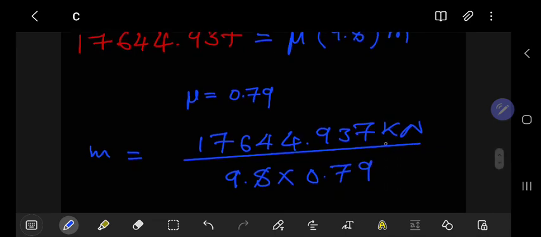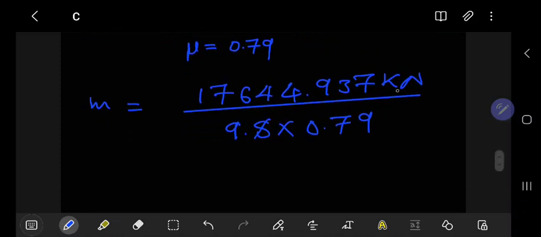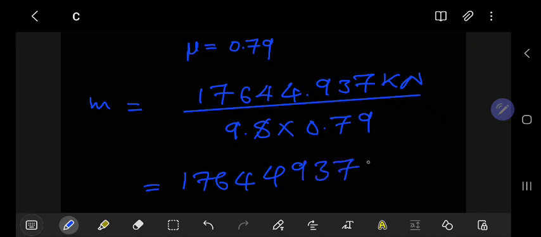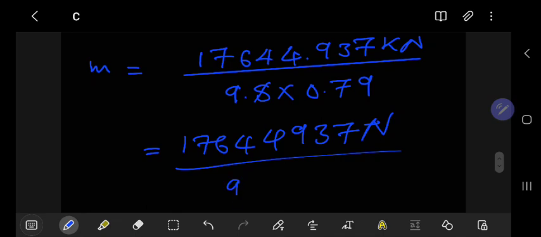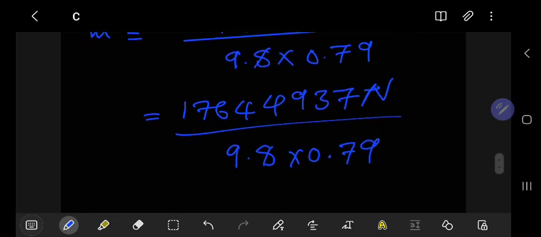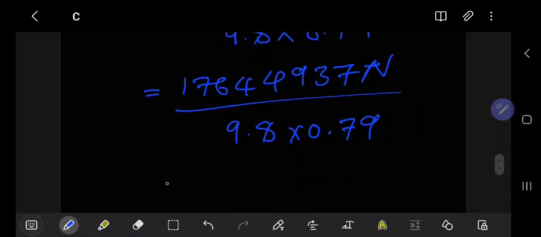Now, if I want to get the mass in kgs, I'll just change this from kilo to newtons, so that now I have 17,644,937 newtons, and this will be divided by 9.8 by 0.79.